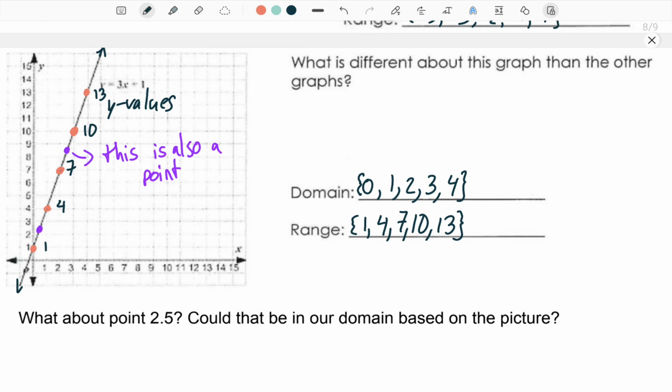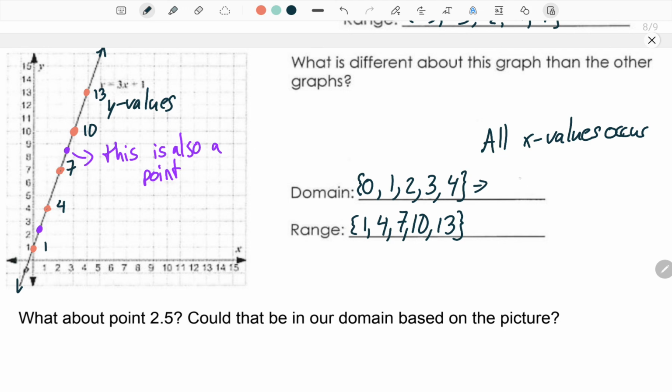And so what that means is not only do we have these values in the domain, what we actually have is all x values occur. Because we could stick in the number 10, and theoretically that line just keeps going up and it would reach 10.